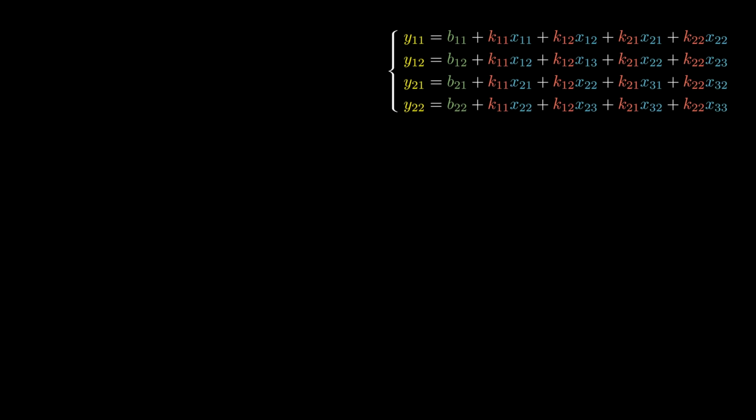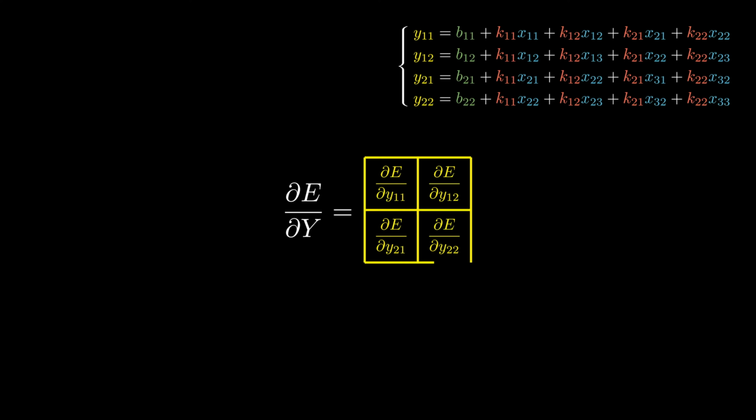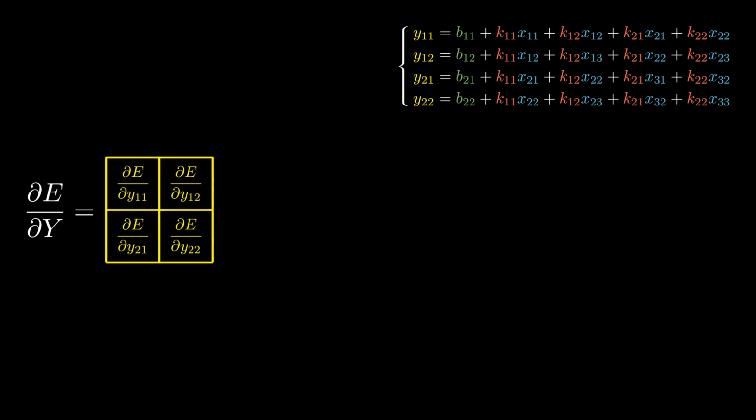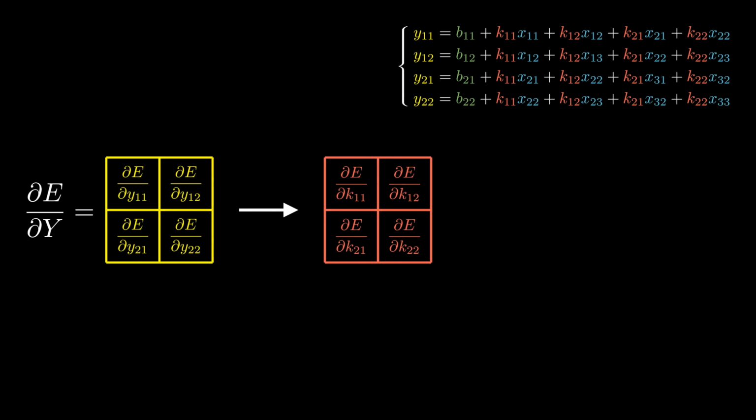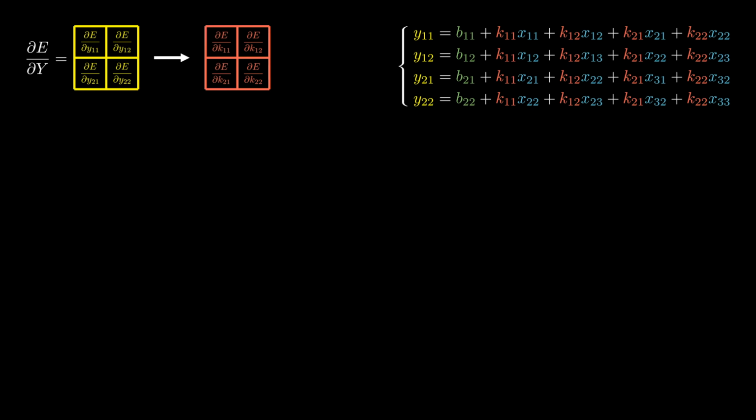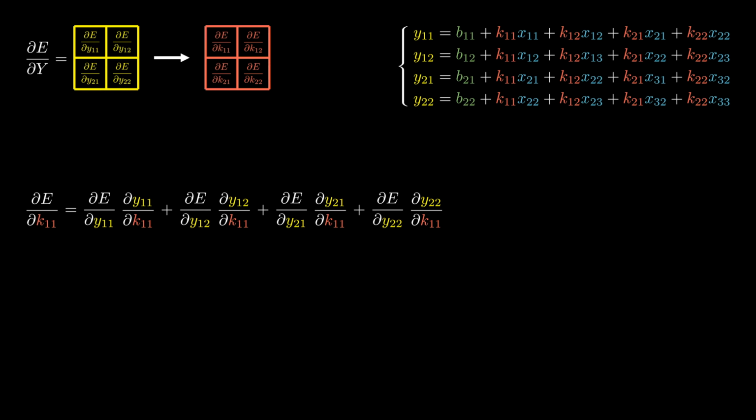Remember, the goal is, given the derivative of E with respect to the output, try to compute the derivative of E with respect to the kernel. As an example, we can start with the derivative of E with respect to K11. Using the chain rule, we get this, and the terms we are looking for are the derivatives of y with respect to k11.